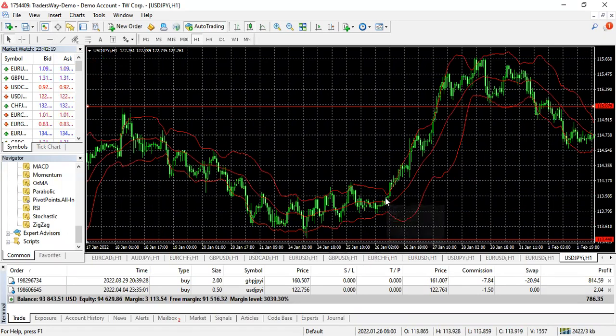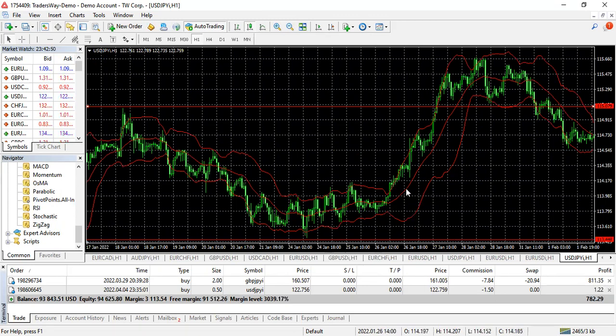When the space between them comes together, when there is no more space between them, that means there is no volatility in the market. But when the space starts expanding, that means volatility has come into the market, and from there we start having a trend. You can see the bands come together here, then the middle band gets a little space before going up.